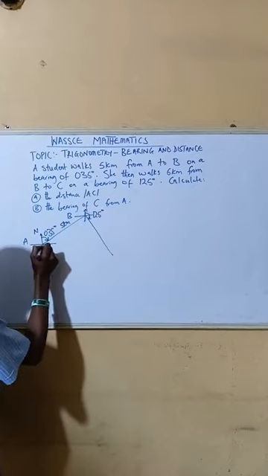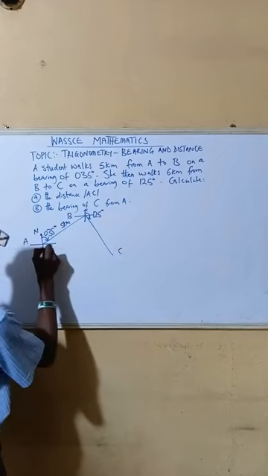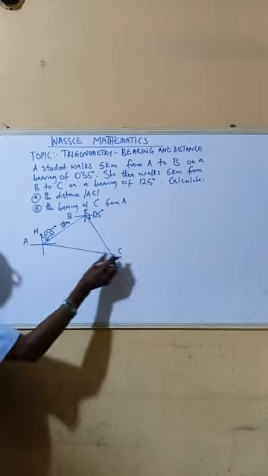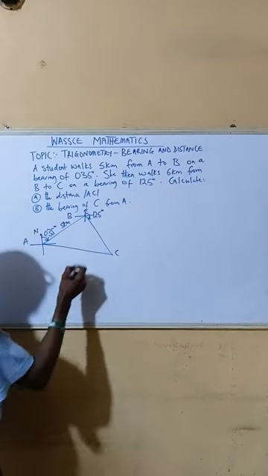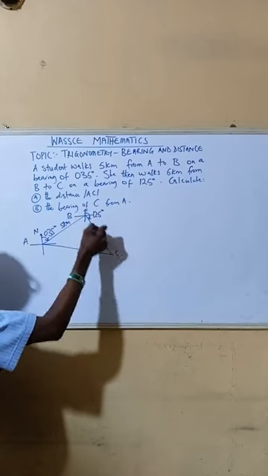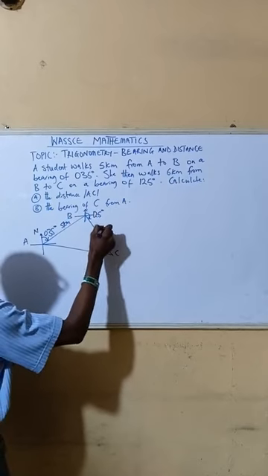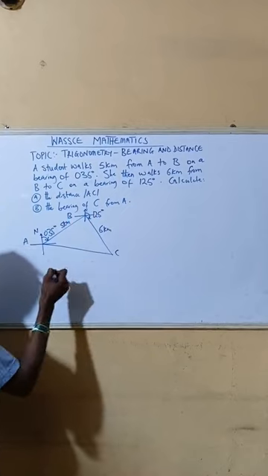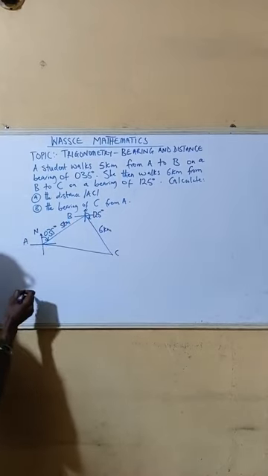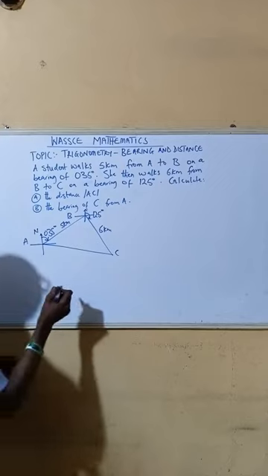And then this is your point C, and you can connect your point A to point C. The distance from point B to point C is 6 kilometers. So the question now says you should find the distance AC. That's the first question, finding distance AC.